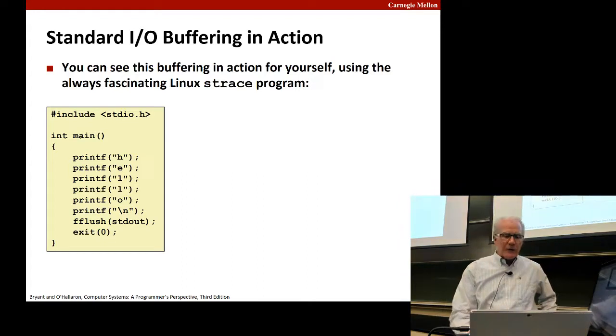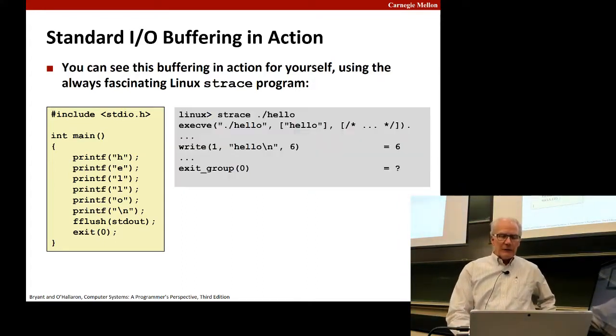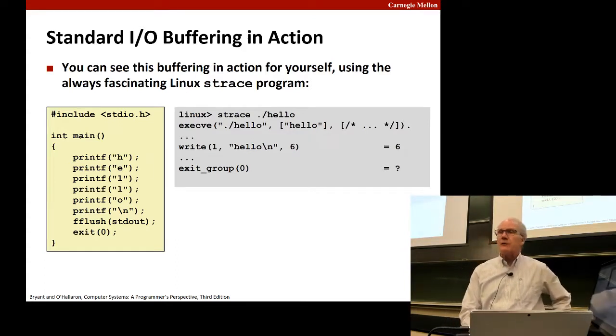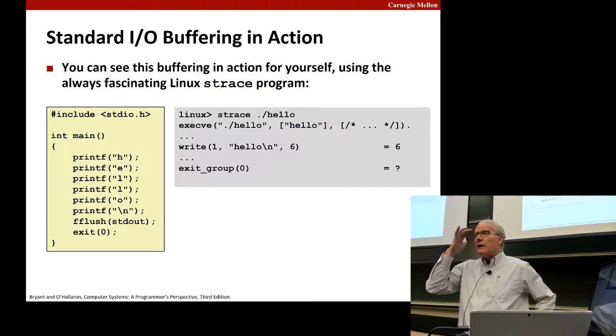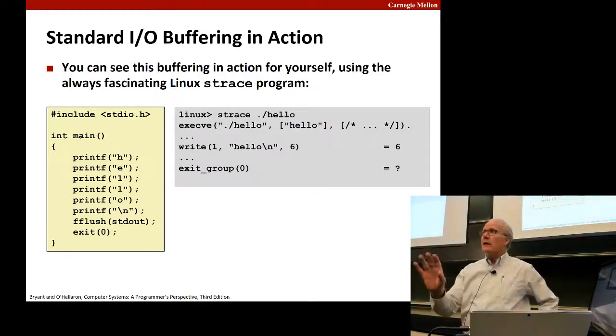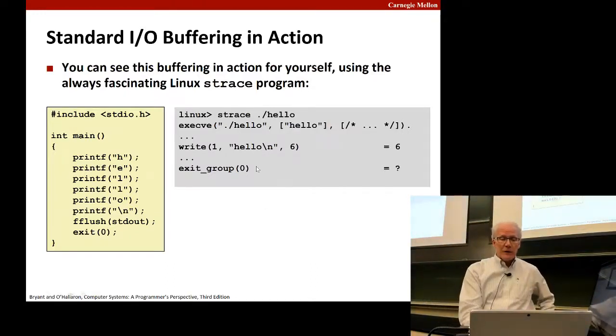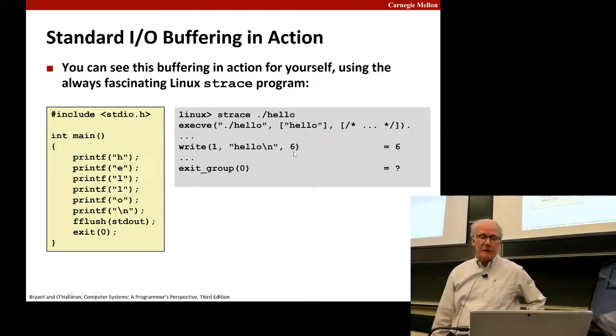What you'll find is that those calls to printf followed by the fflush generated just one single actual Unix write, but it printed the entire string hello with a return character as a 6-byte write operation.